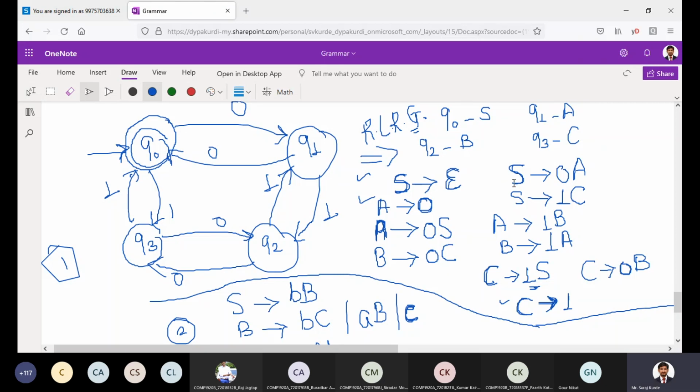In each case, you can see that the non-terminal appears as the rightmost symbol. If only a terminal is there, then it is 0, 1 or epsilon, and there is no non-terminal. No issues about position.